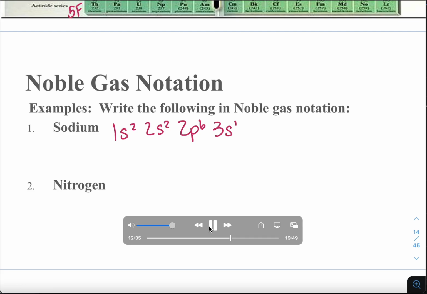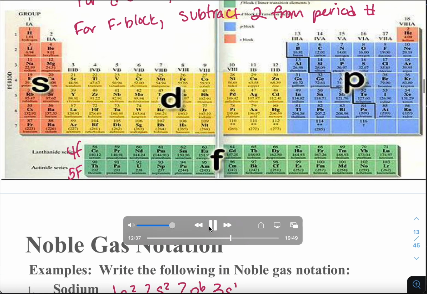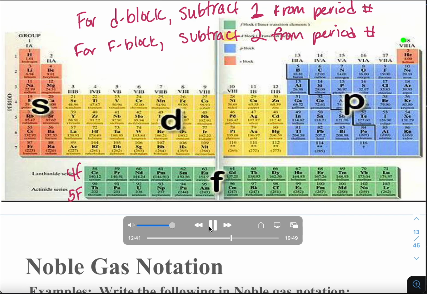And then after you've done that, go back to your periodic table and you look backwards until you hit a noble gas. So remember, the noble gases are in this column right here, 8A or 18. And if we're at sodium, that's right here. So we know that's not a noble gas. But that's number 11, atomic number 11. If we go to atomic number 10, that is a noble gas, that's neon.